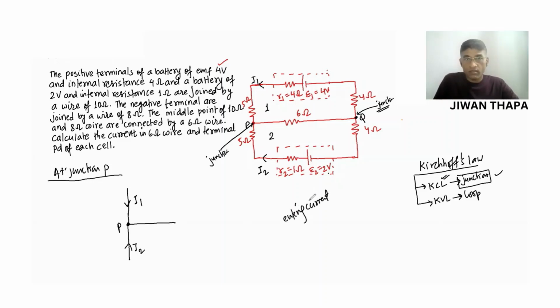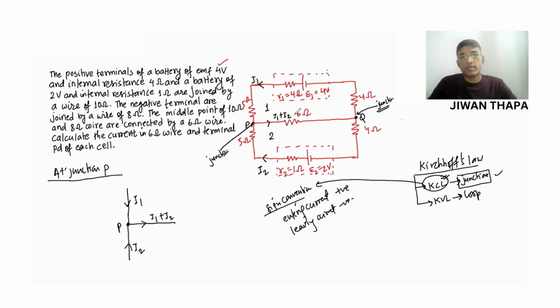By sign convention for KCL, we take entering current positive and leaving current negative. So the current flowing in the branch PQ is I1 plus I2. So we have this: sum of entering current is always equal to the sum of leaving current.